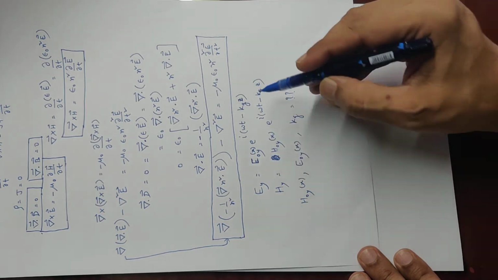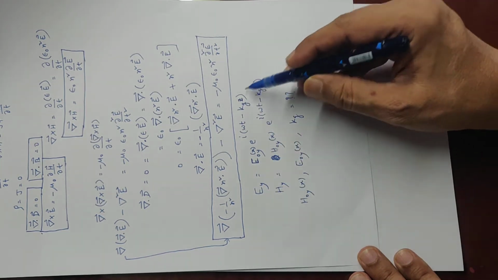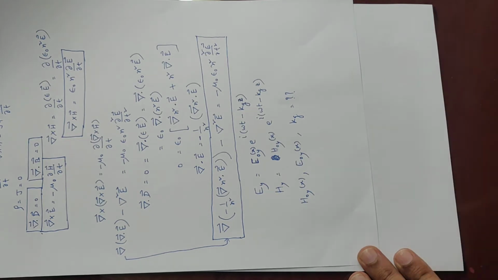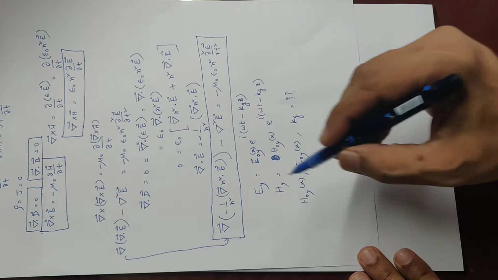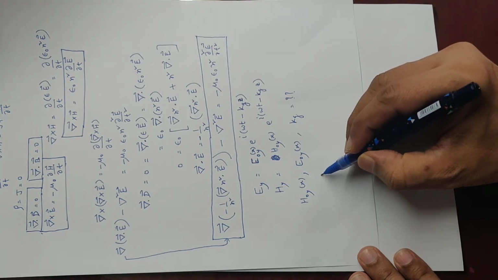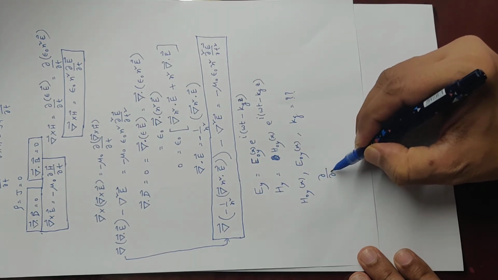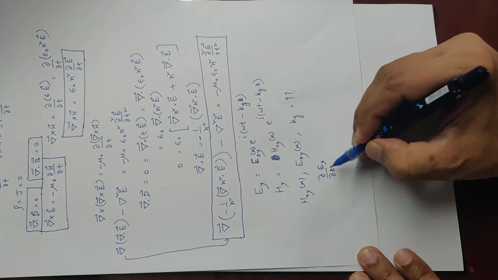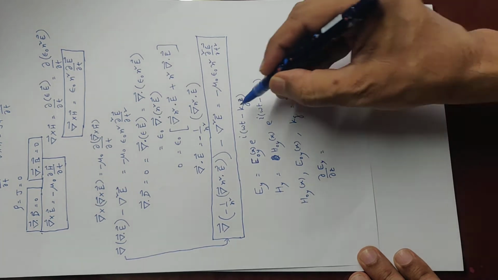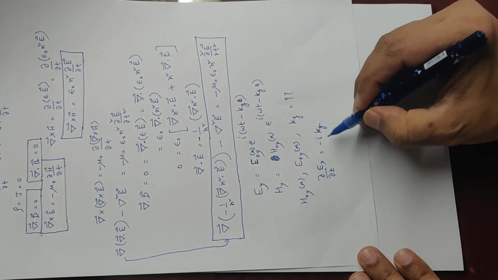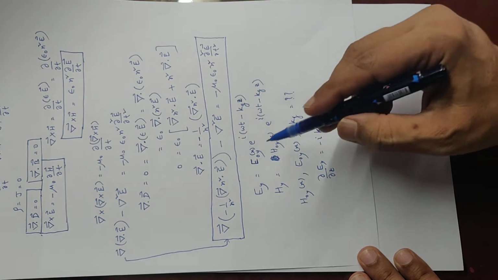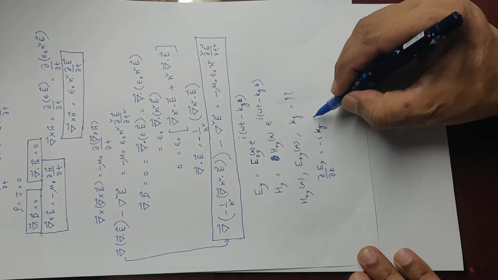Now you can see that if Ey and Hy have this kind of a representation, then what we can derive from here is that d by dz of Ey would be nothing but minus i kg into Ey.